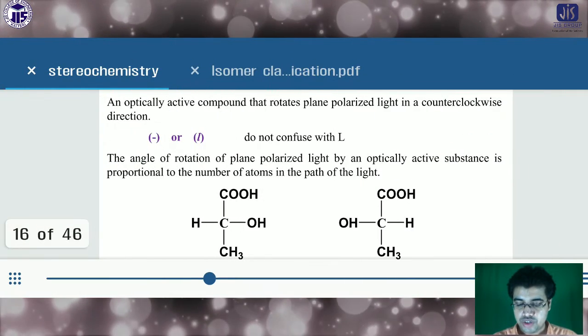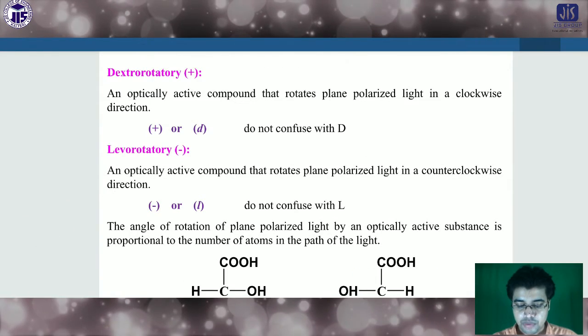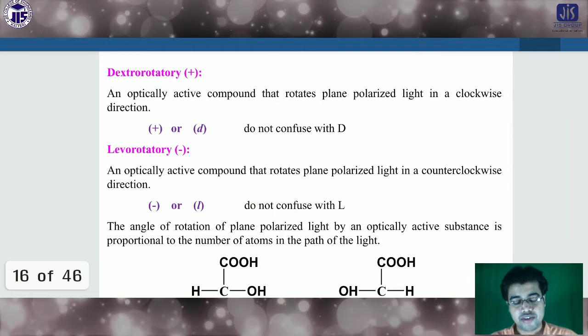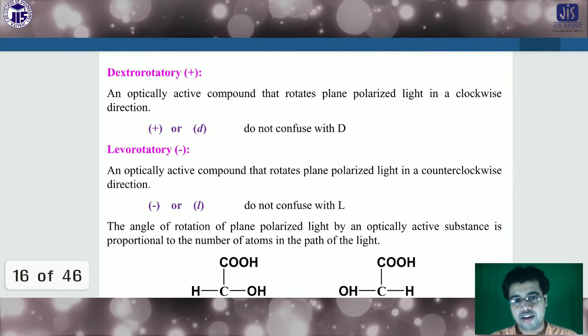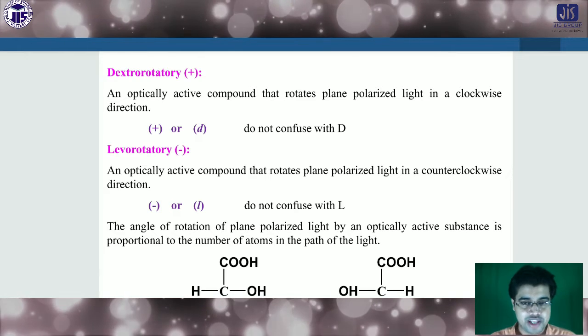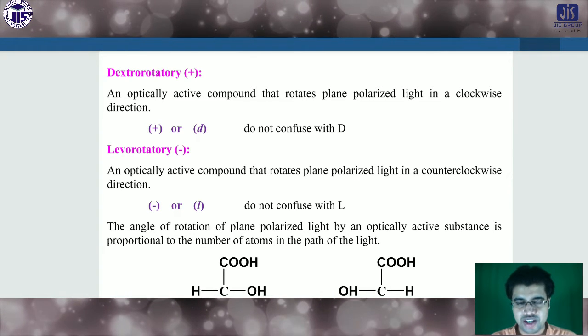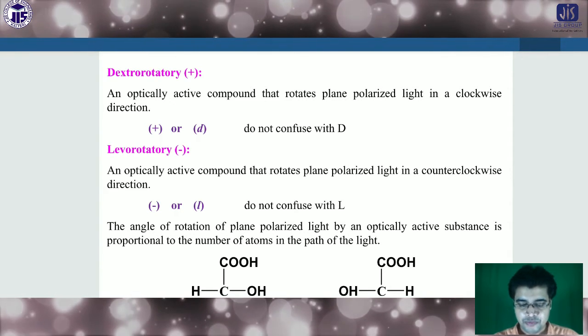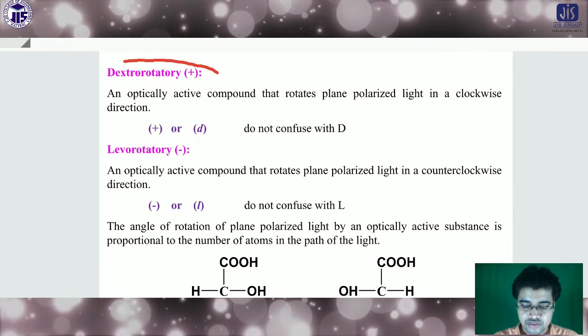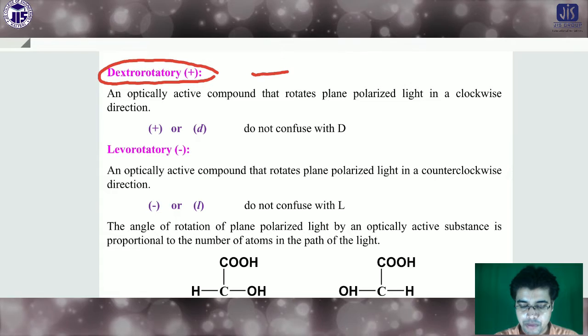Now look here, there is a chance of rotation of the plane in two directions, either clockwise or anti-clockwise. There are two types. One is dextrorotatory, which is very important, and it is the plus.